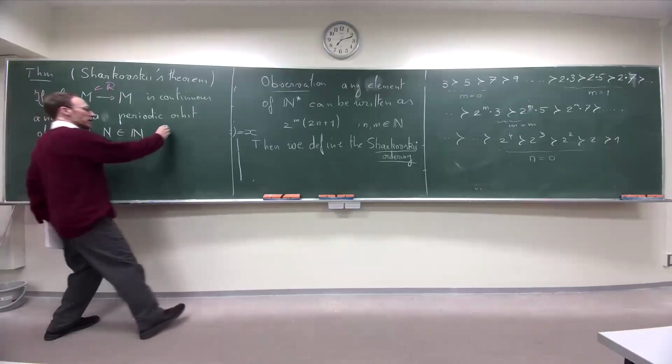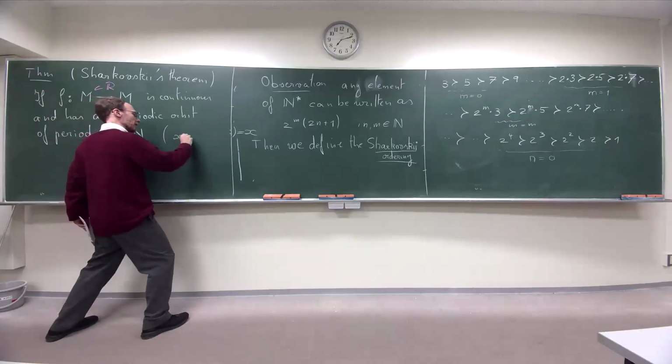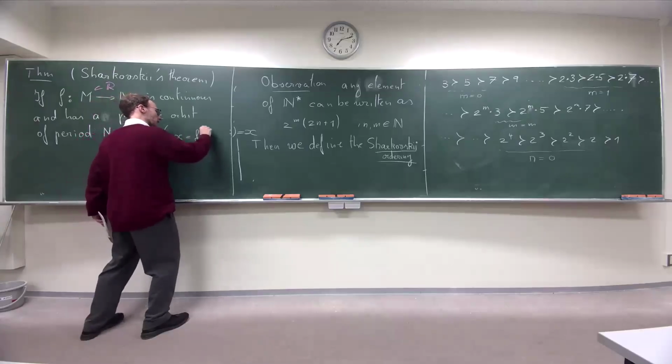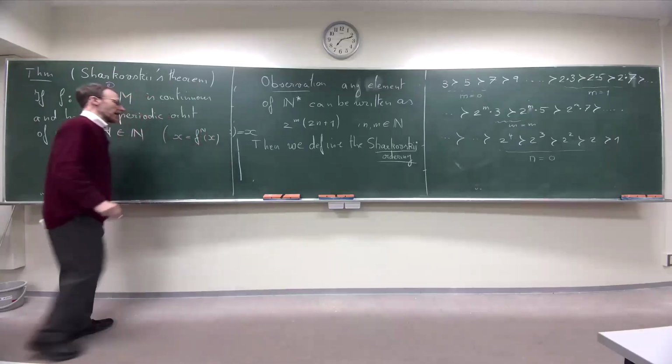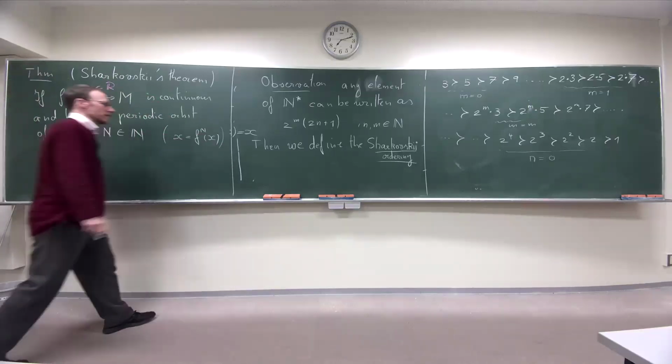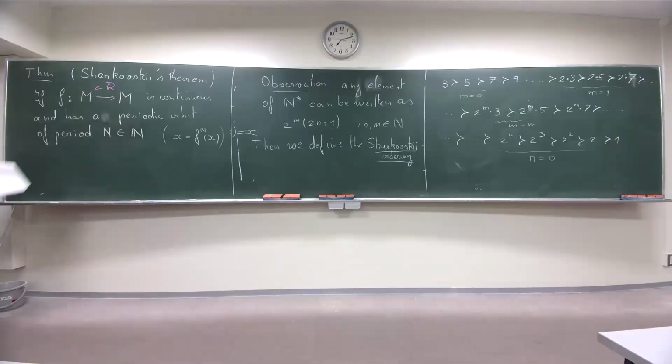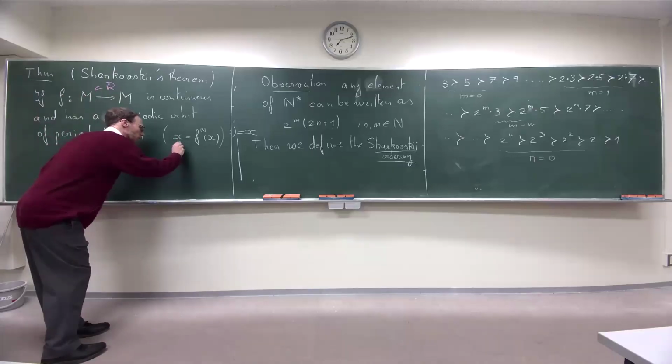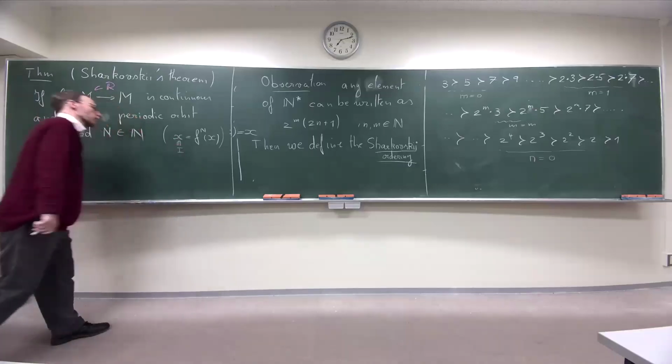So what does it mean? It means there exists an x such that when you iterate f n times, you get the same x. This is a periodic point, an n-periodic point. And this x has to belong to I, otherwise there's a problem.